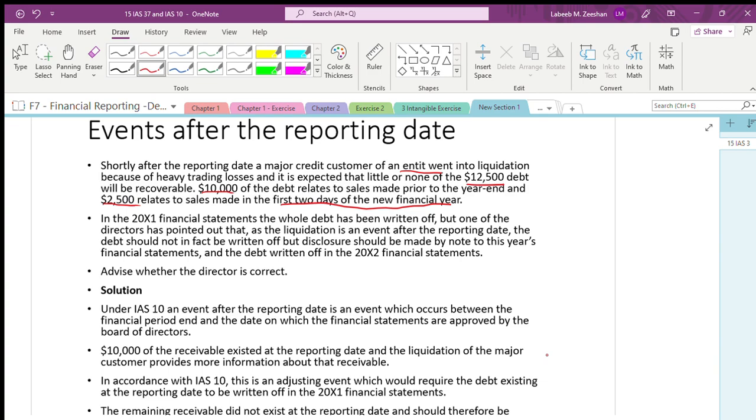But one of the directors has pointed out that as a liquidation is an event after the reporting date, the debt should not in fact be written off. What they say about 2001, is it right? These very specific conditions are there. The whole debt has been written off.